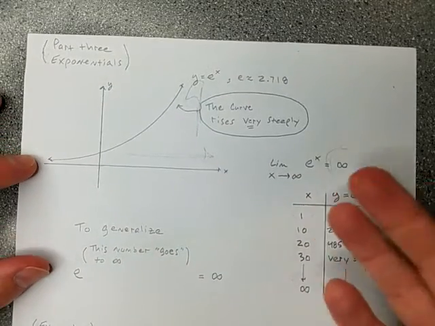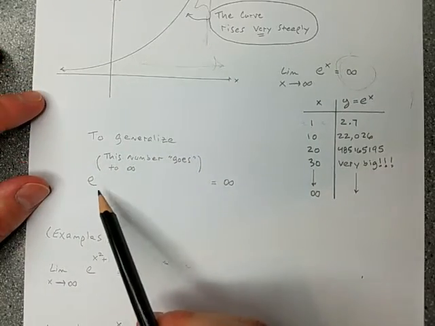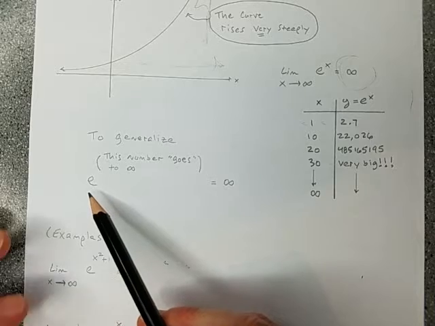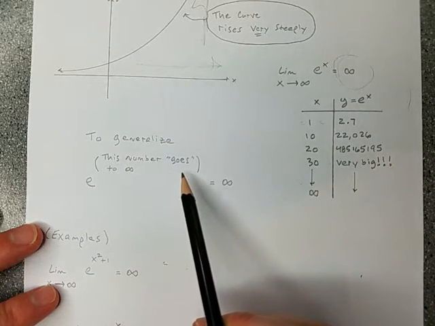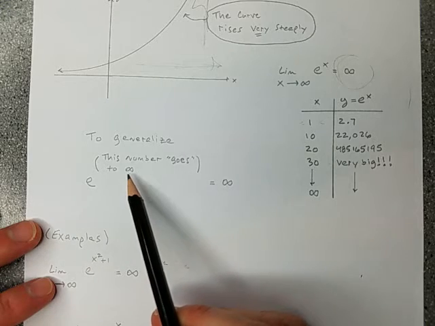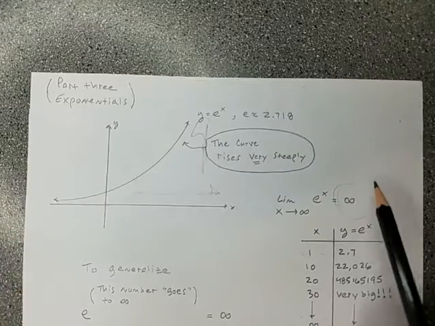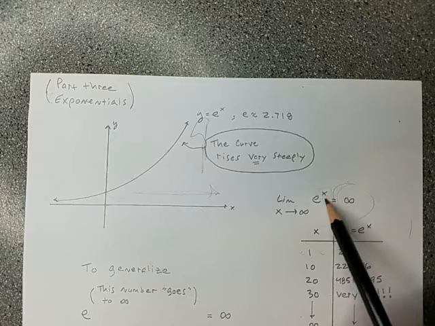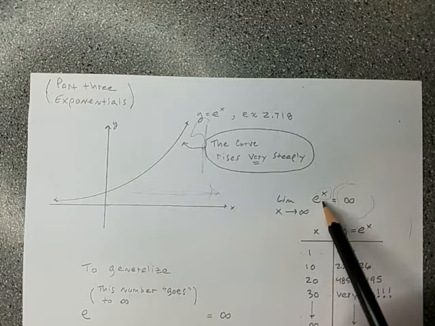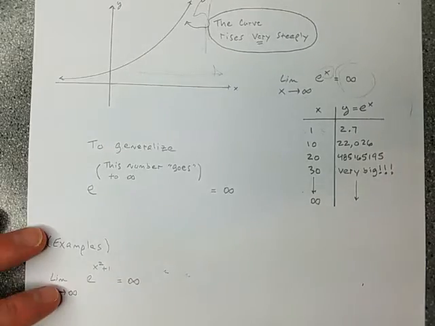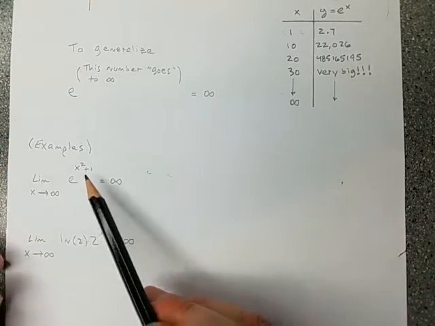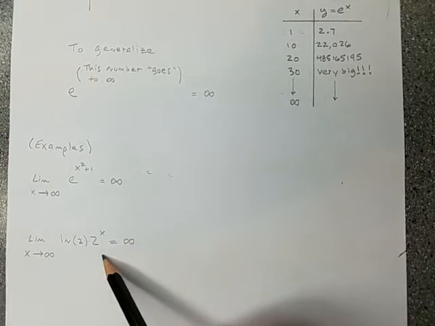So let's generalize from this. If you have in your problem e raised to some power, and that power, by whatever's happening in the problem, goes to infinity, then e to that power is going to go to infinity. Just like here, I'm saying x goes to infinity, then e to the x goes to infinity. That would be true for this one, and for this one also.